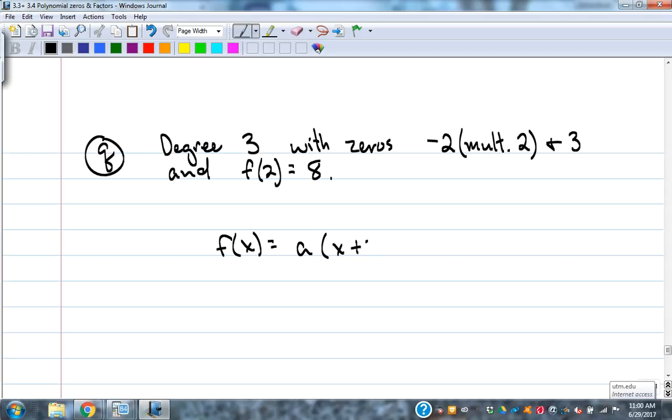Plus 2, right? Multiplicity of 2 means that that factor happens how many times? Twice. So that means it's squared. What's the factor that goes with the 3? X minus 3, yeah. Okay.